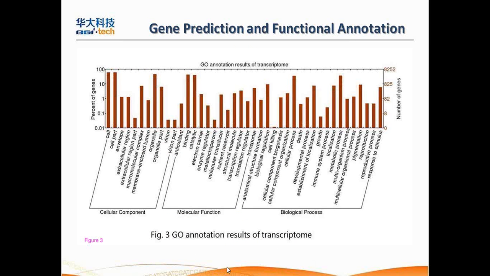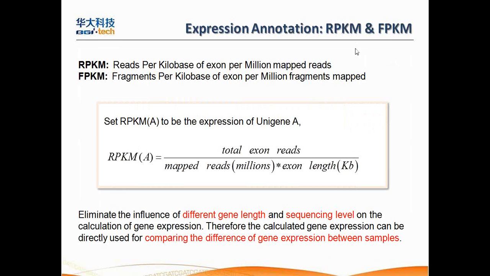So here is a figure I try to show you, the GO annotation of all the transcripts in one transcriptome, and how many genes are located in one function and how many genes in another function. This is what we can do after we've already got the de novo assembled transcriptome. We can do the gene prediction, and we can do the functional annotation.